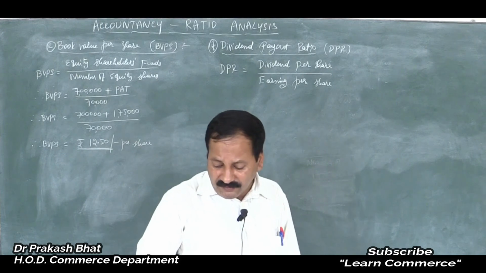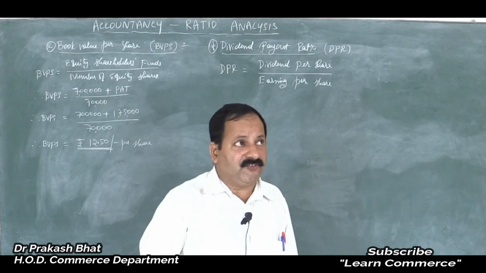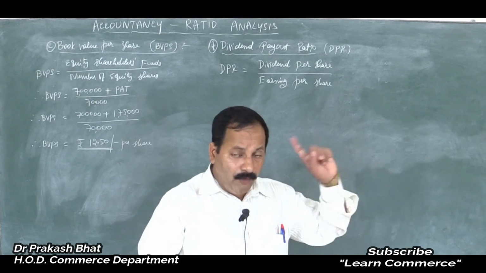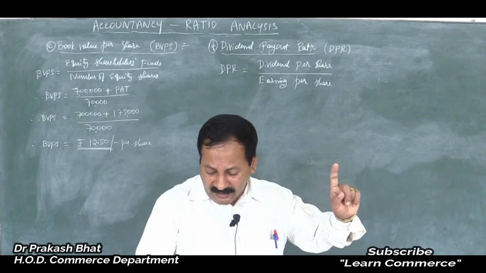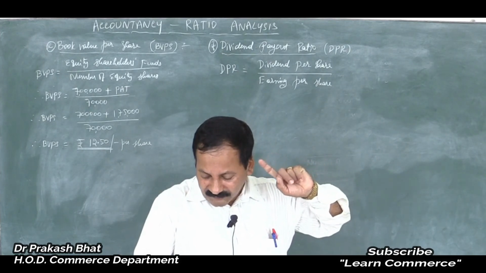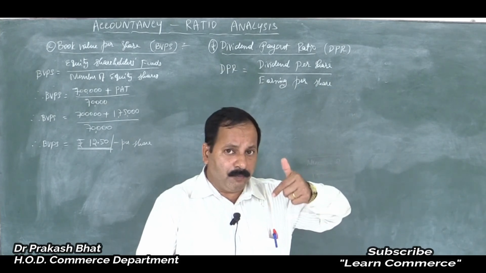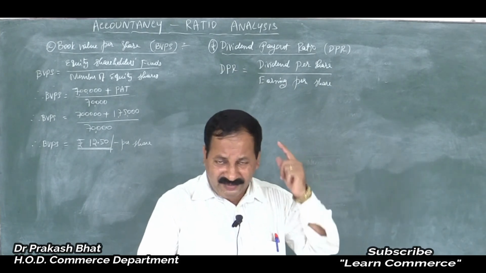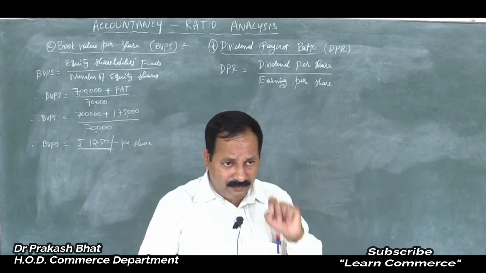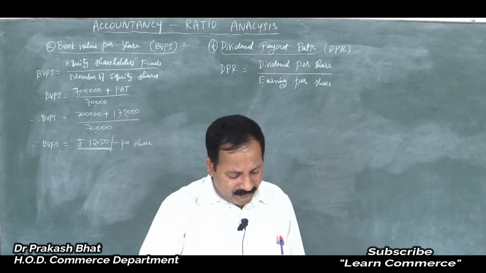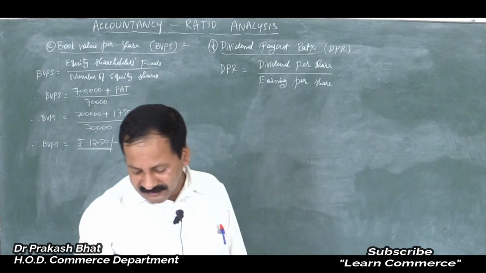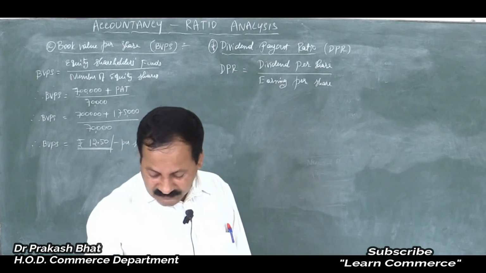That is 10. 70,000 equity shares of rupees 10 each, am I correct? So on 10 rupees, if you declare dividend at the rate of 15%, how much will it be? 10 rupees into 15% comes to 1 rupee 50 paise, am I correct? 1.5.